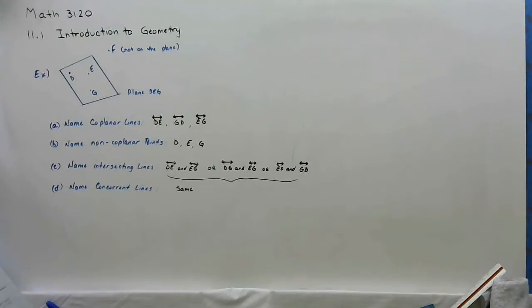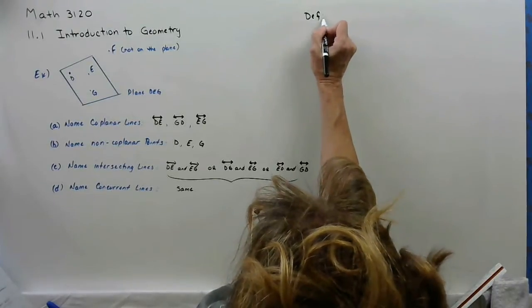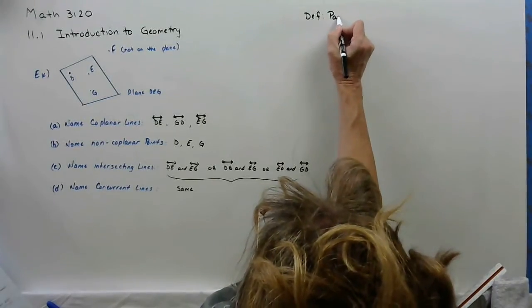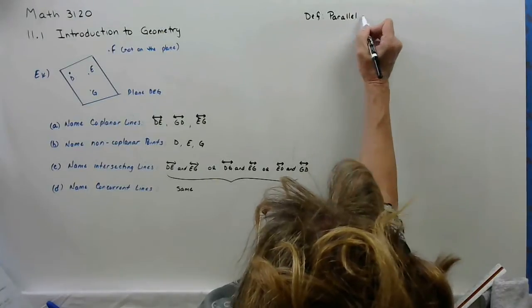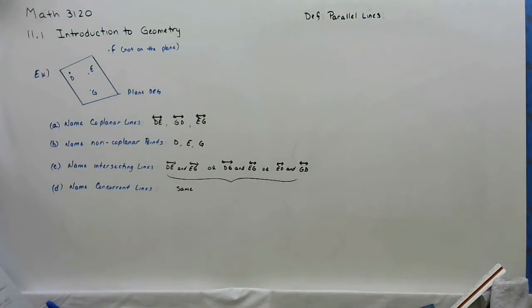Okay. So now let's take a look at parallel lines. Remember today, this is all vocab. In elementary school geometry, you probably talked about parallel lines being lines which never intersect. We're going to add to that by just a little bit, all right?